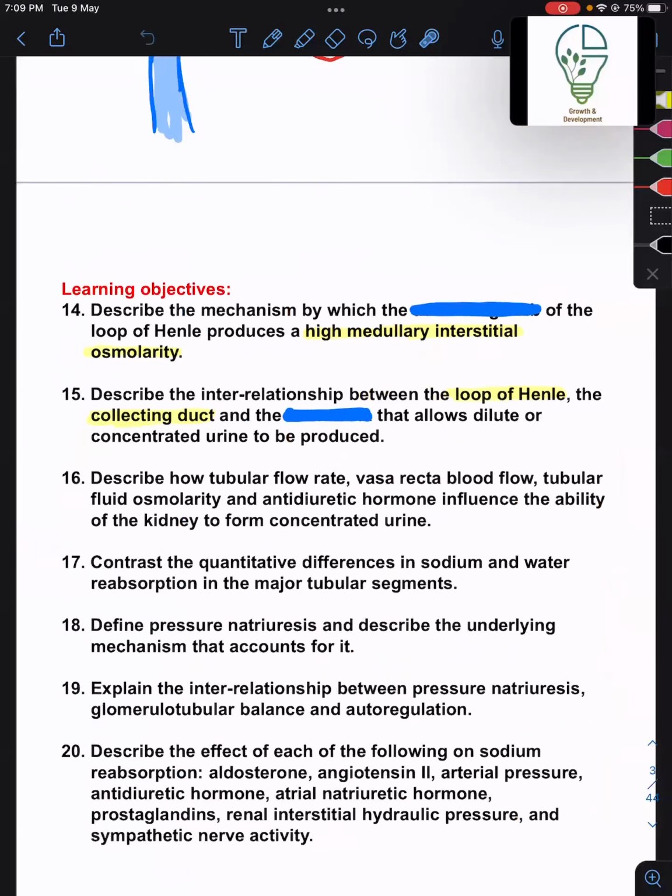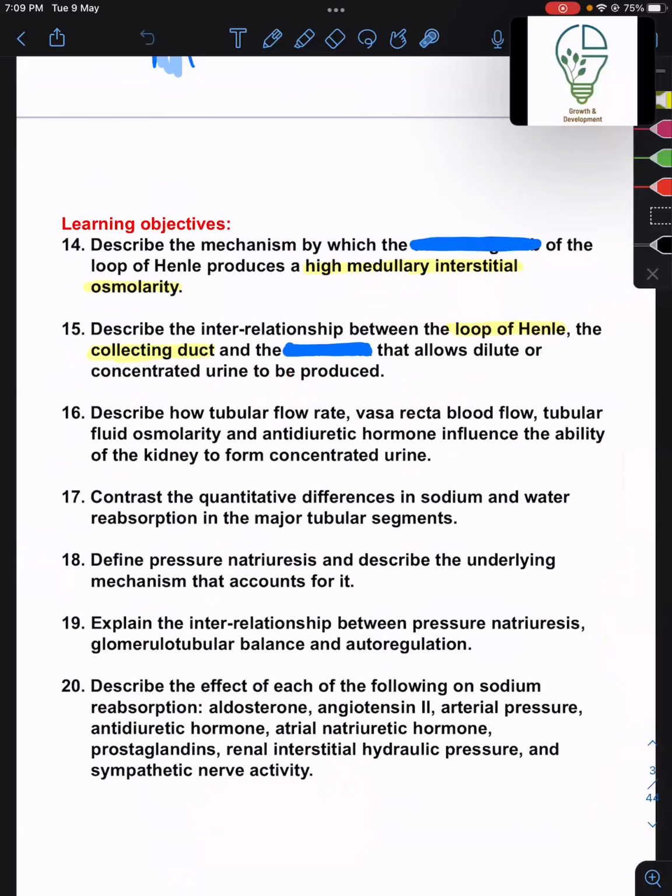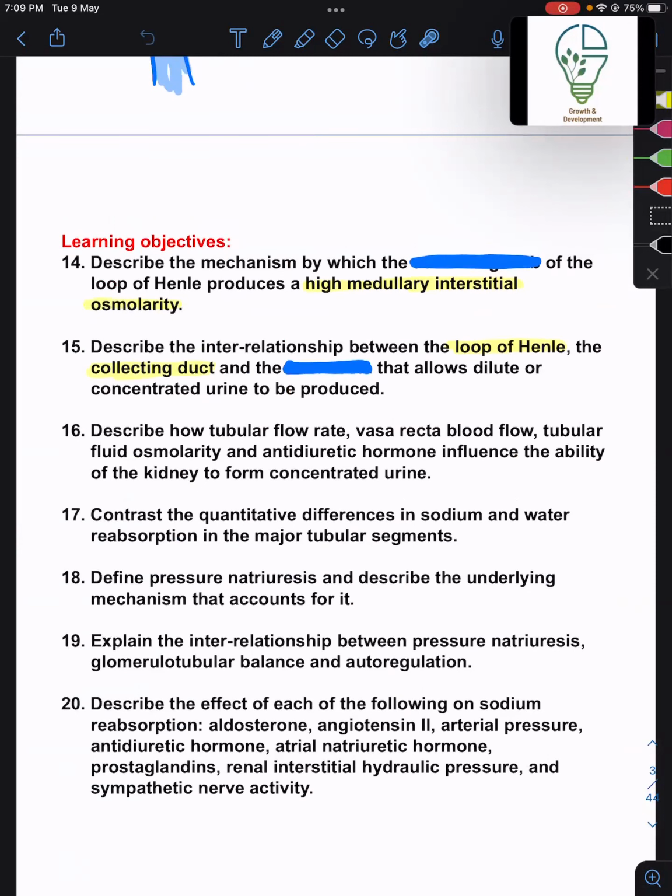Okay, like I said, I usually explain things with drawings, and then I quiz you guys in the next segment. So for the first question: describe the mechanism by which the blank of the loop of Henle produces the high medullary interstitial osmolarity. So what was the part of the nephron that I just talked about that's responsible for producing a high medullary interstitial osmolarity?